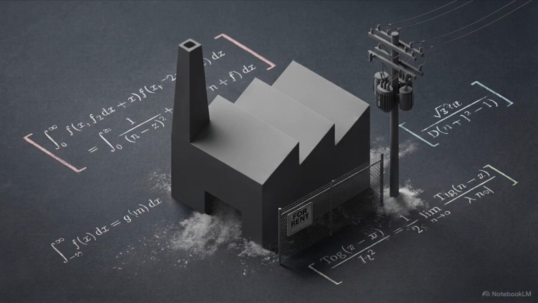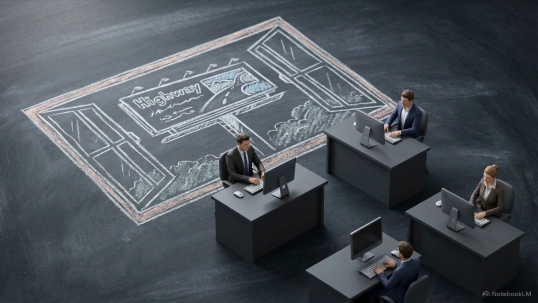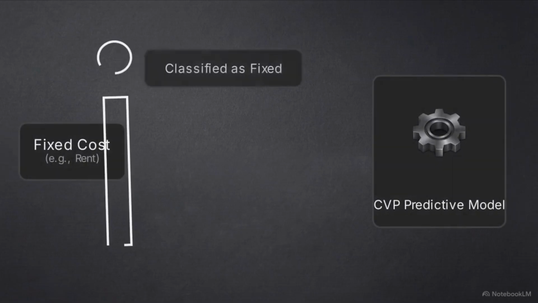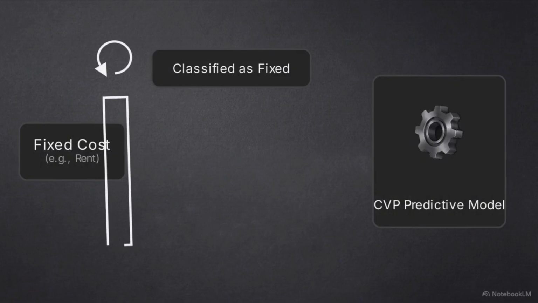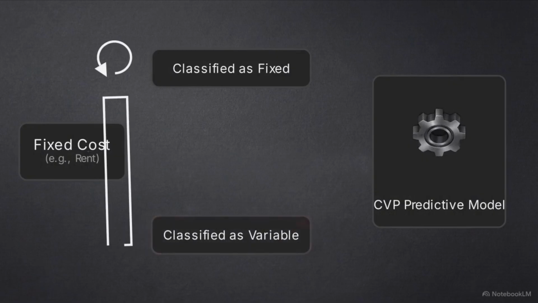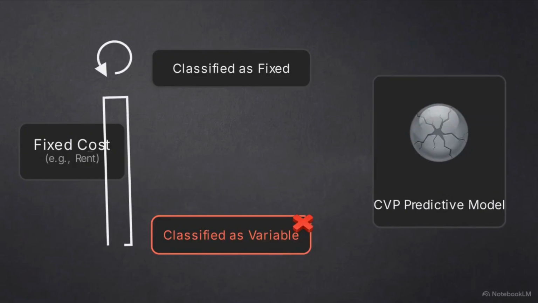These bills arrive whether the factory runs at maximum capacity or sits completely idle. Administrative overhead also falls into this category. Employee salaries and corporate advertising budgets are fixed costs. The accurate classification of these expenses is the absolute bedrock of CVP. If a fixed cost is misclassified as a variable cost, the entire predictive model fails.